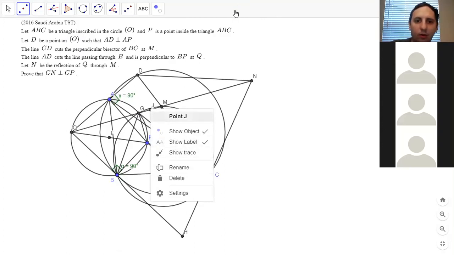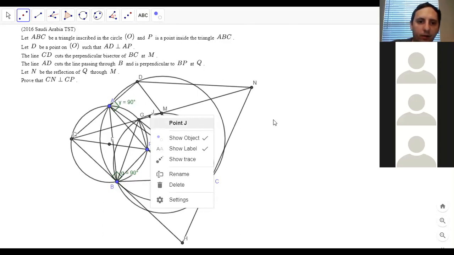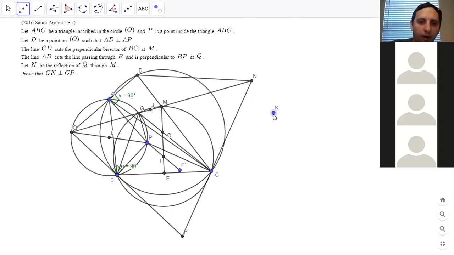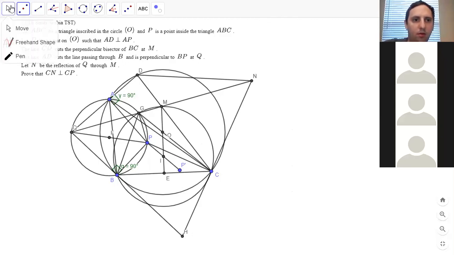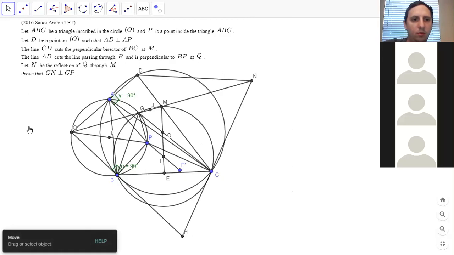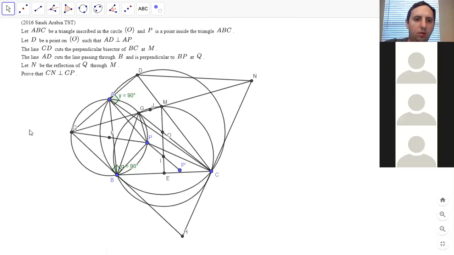Okay, so I'm going to start writing up the solution. So when we have P prime M perpendicular to QN, so that angle P prime QN is equal to angle P prime NQ.